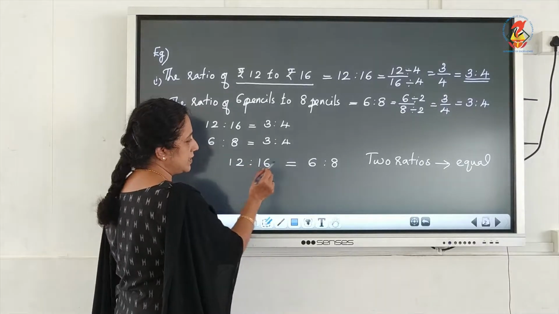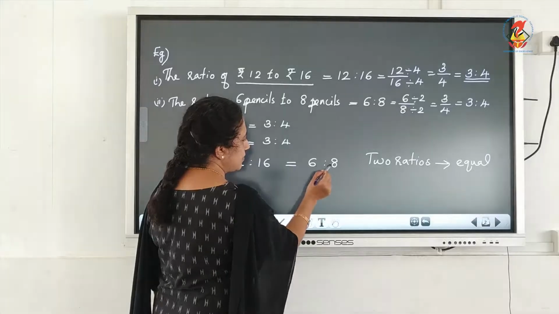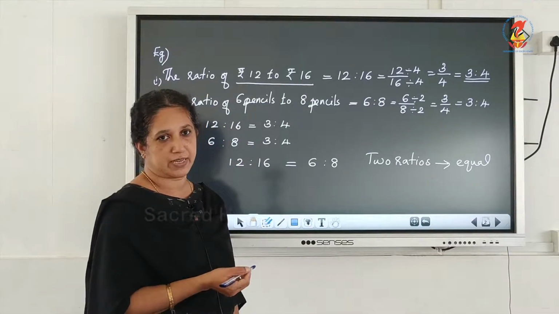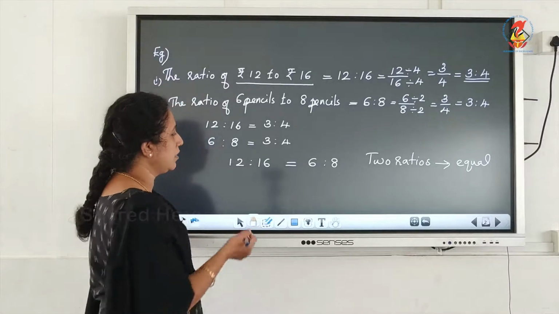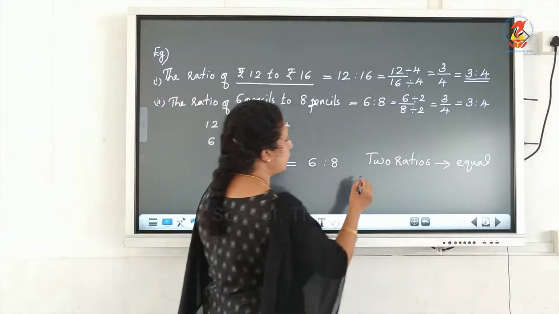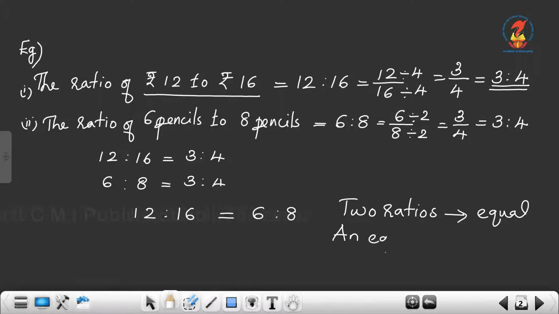Here we have two quantities, here also two quantities, a total of four quantities, and they are in proportion. So an equality of two ratios is known as proportion.